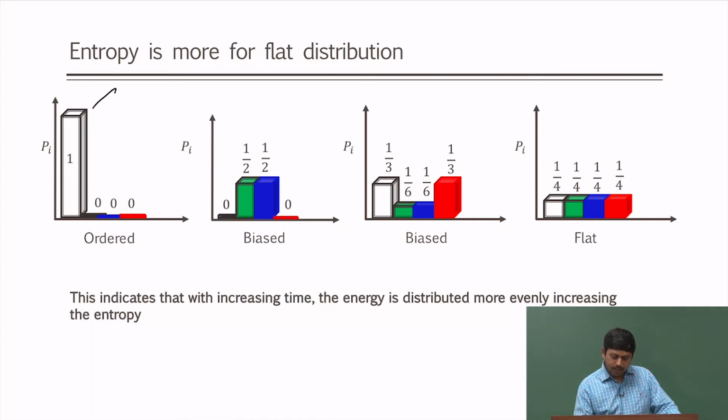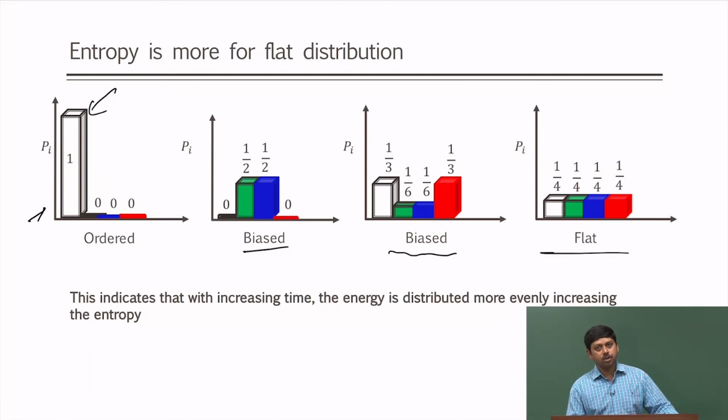Initially, let us say all the 10 were in one particular place having one unique probability 1, which means all other probabilities of being there will be 0. Then it created a biased distribution of this kind, then a more biased distribution of this kind, and then a flat distribution of this kind.